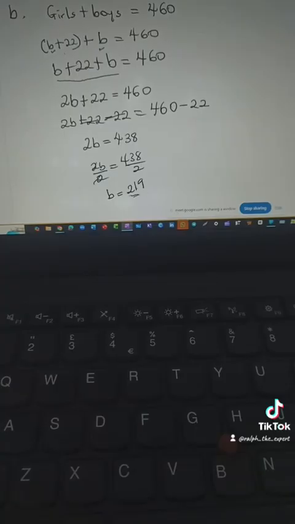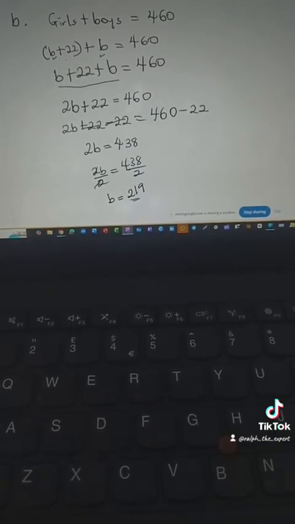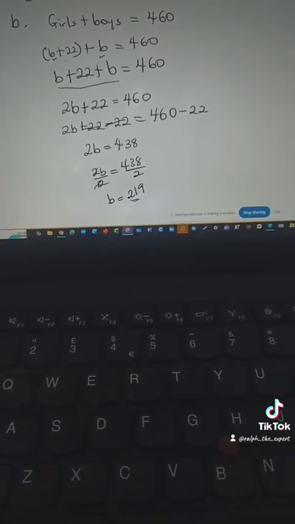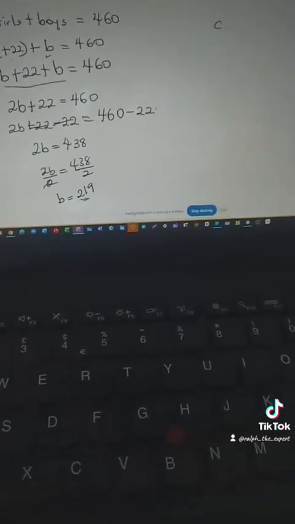219. Well done, well done. But now that you know the number of boys, we will now solve for the number of girls based on the expression we got earlier. So what will be the number of girls then?